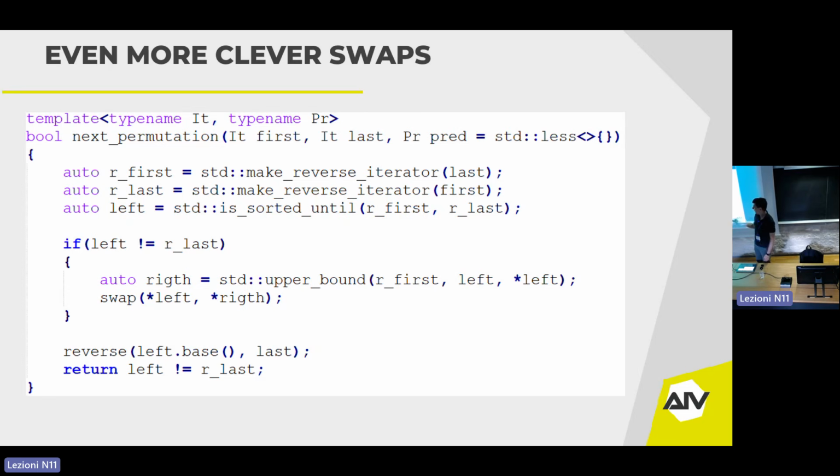What next_permutation does, in case you never came across this algorithm, is that it goes to the next permutation, the smallest permutation that is bigger than the current one, which doesn't sound like something that can be comprehensible, so let's go with an example. Let's say that our sequence is composed of digits.